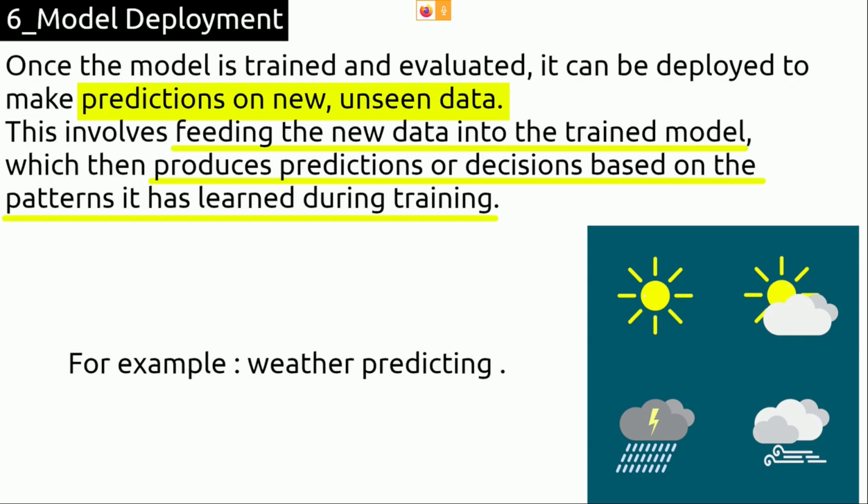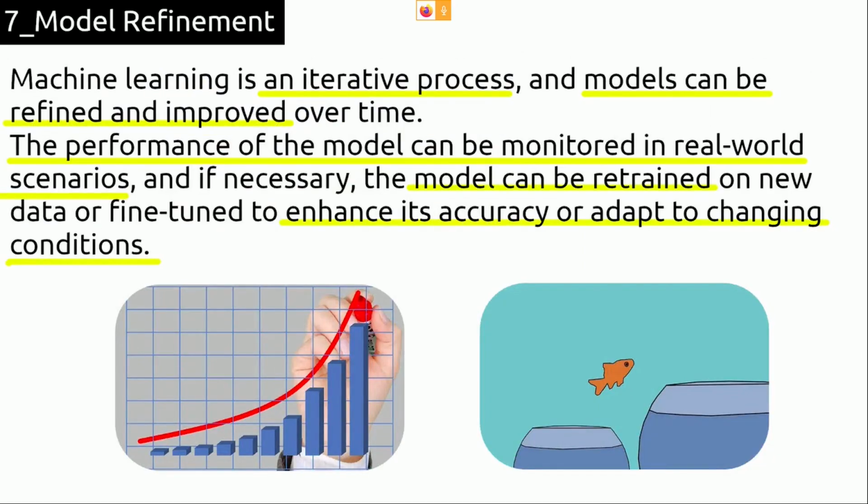Okay, so let's continue. And the final step is model refinement. Now you are happy with your model, you want to make it better. Okay, so let's read this. Machine learning is an iterative process, and models can be refined and improved over time.